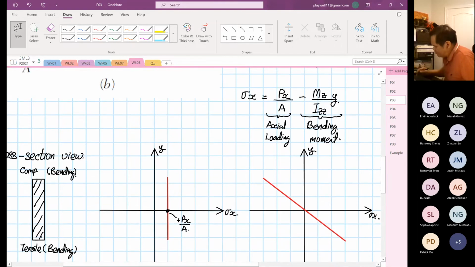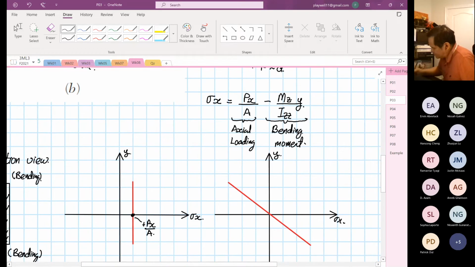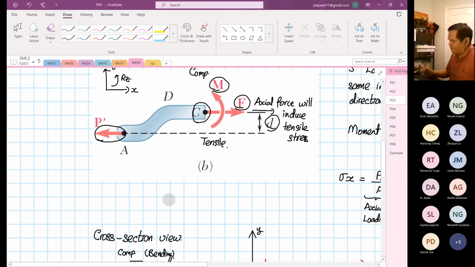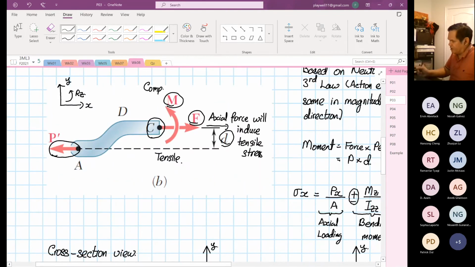In this formula, the result can be plus or minus. Don't worry about it. I taught you to deal with this by visualization. If it's plus, it means tension; if it's minus, it means compression, based on the moment vector.